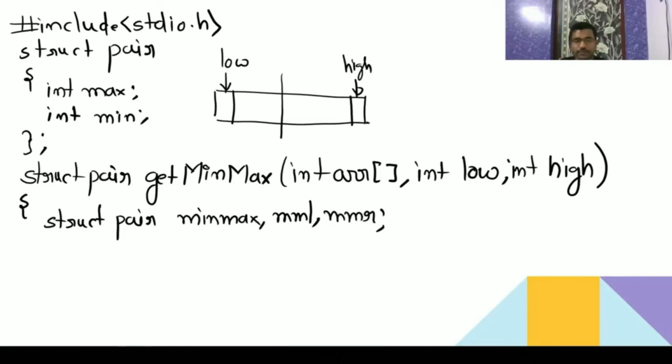So we declared three variables. Since we are going to find the min and max in the first half and then the second half, I need to find the mid element. For that I require one mid value, as we have seen in binary search. So mid will have the mid index.